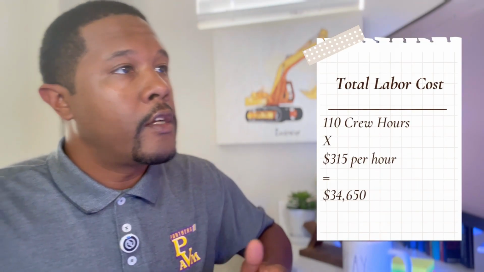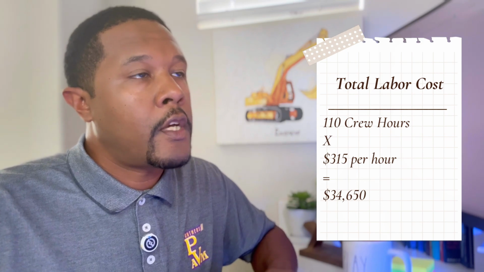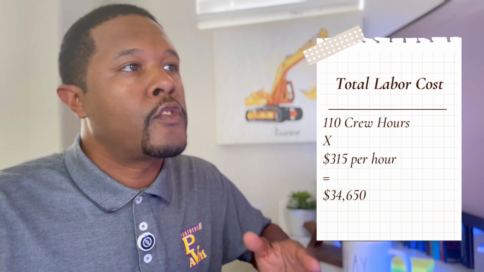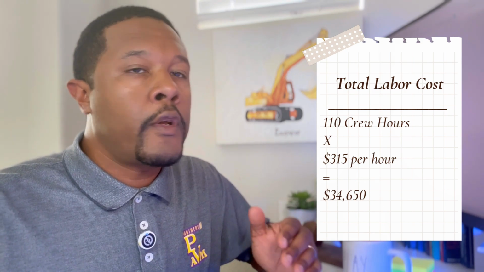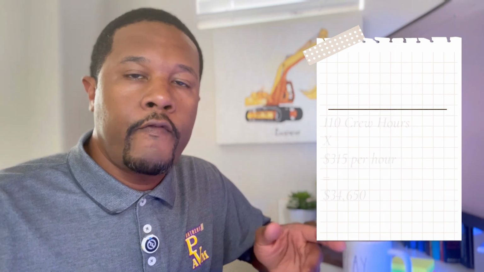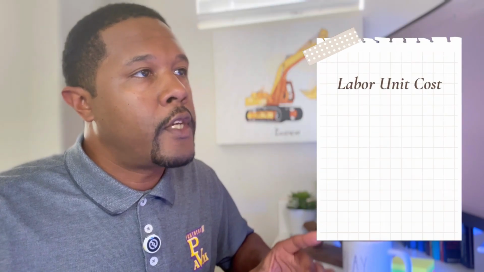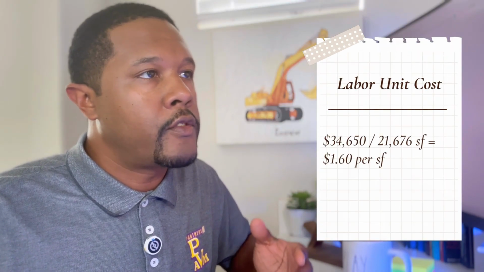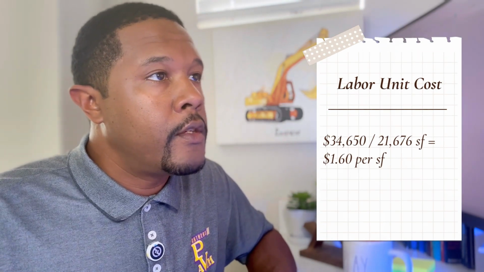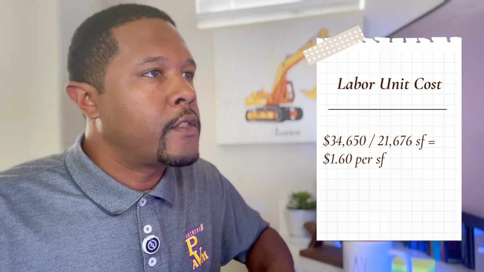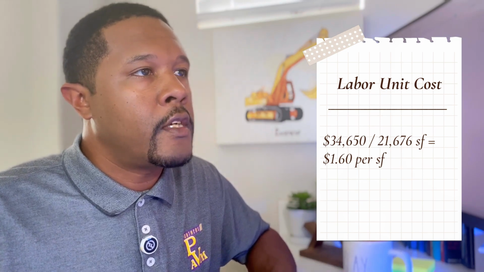All right, so 110 hours times $315 per hour comes up to $34,650 for the labor. And now we want to see what that is per square foot. So we'll take 34,650 and divide it by 21,676. That comes up to $1.60 per square foot for the labor.